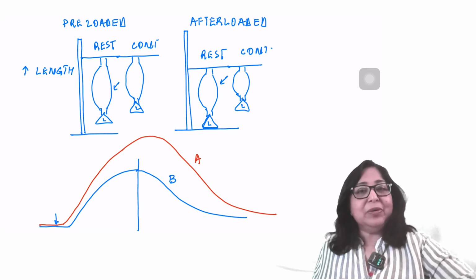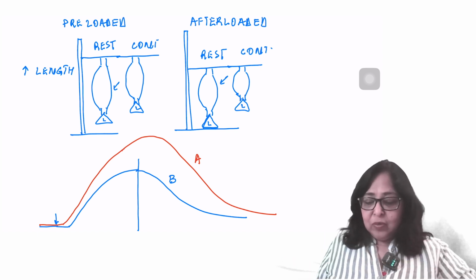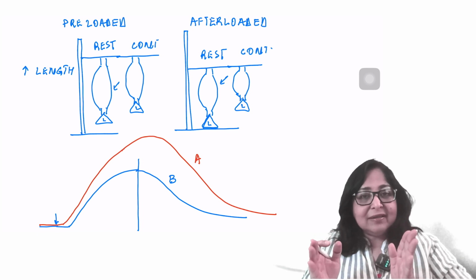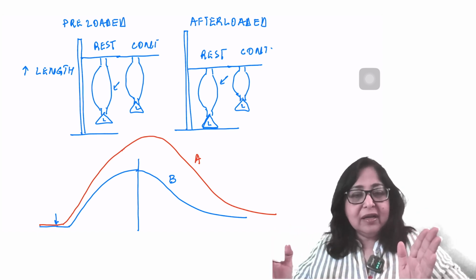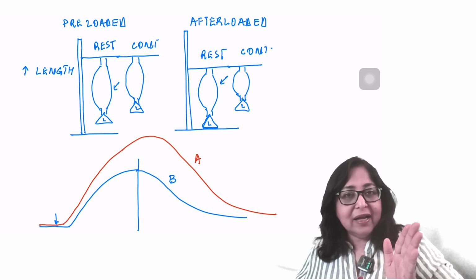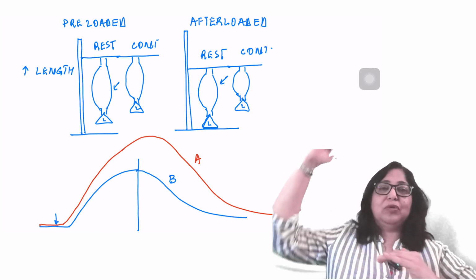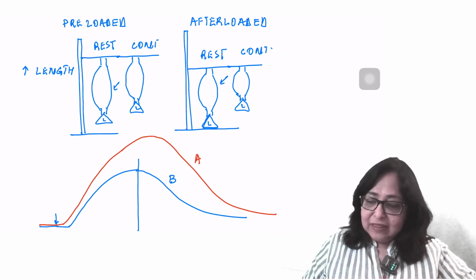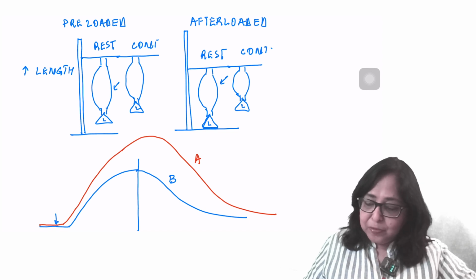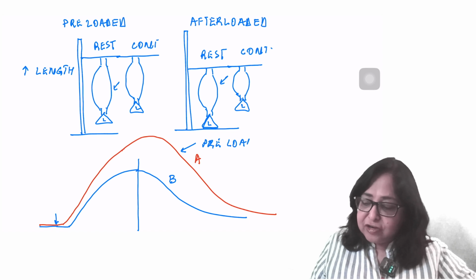So what you see over here is, in the preloaded state, the latent period is shorter, contraction period is longer, relaxation period is longer, and the height of contraction is more. Right? This is my preloaded state, a more efficient contraction, and this is the afterloaded muscle contraction.